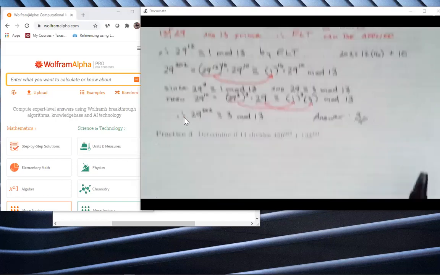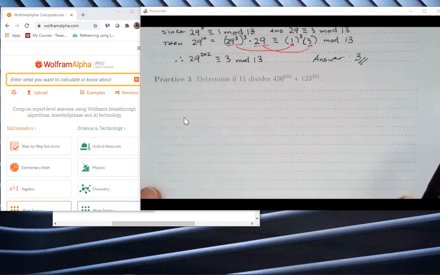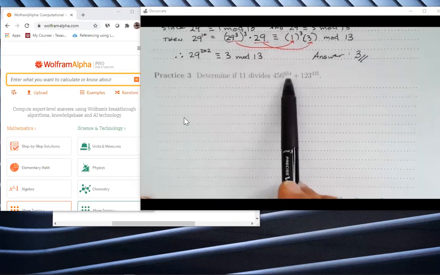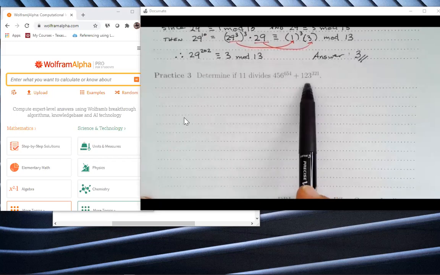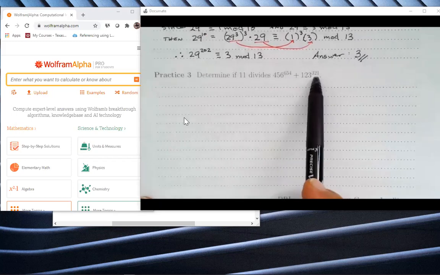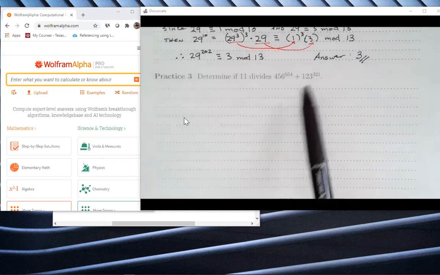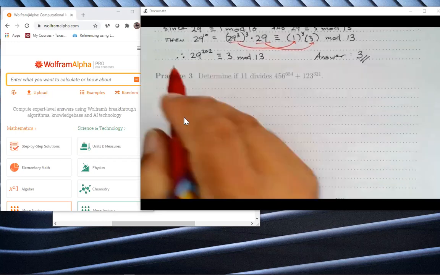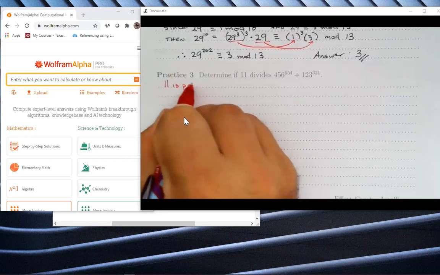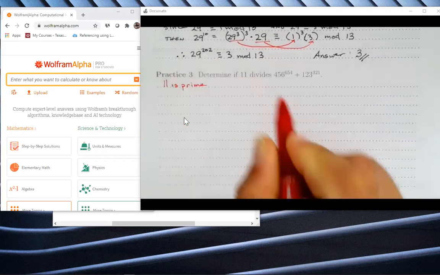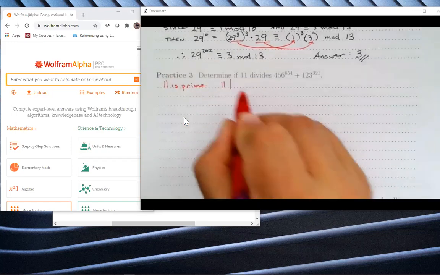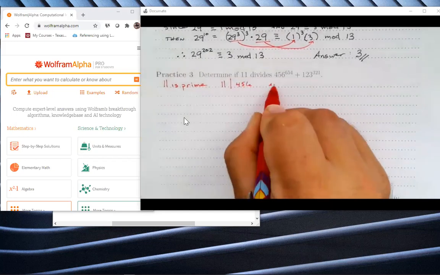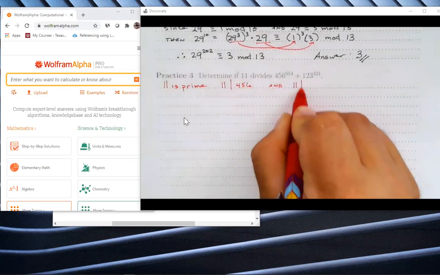In this video, we're going to look at determining if 11 divides 456 raised to the 654th power plus 123 raised to the 321st power. Okay, so because we recognize 11 as prime, we need to figure out if 11 divides 456 and 11 divides 123, right?